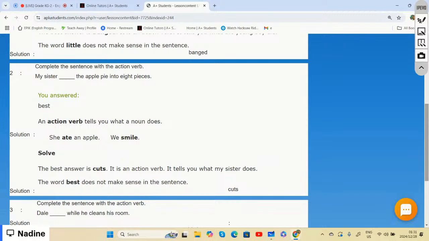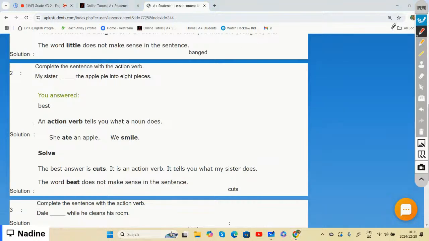Do we say Dale whistles while he cleans his room, or do we say Dale met while he cleans his room? What is the action verb? One of those two words must be an action verb that tells us what Dale does.